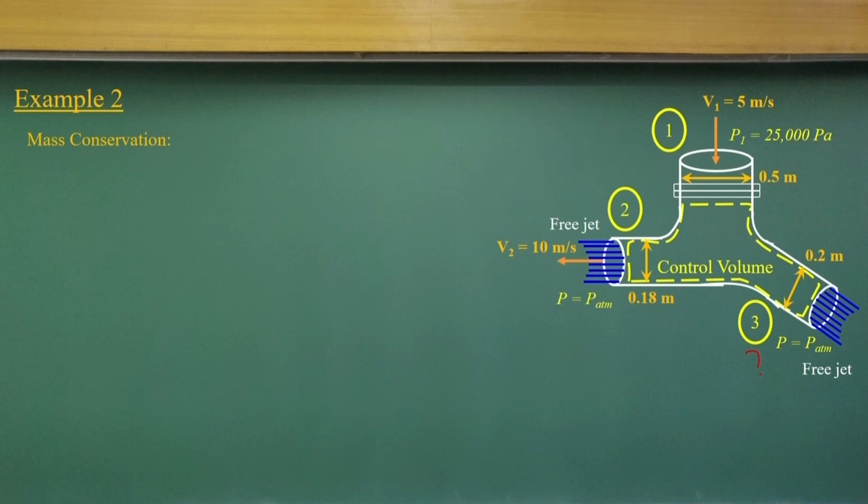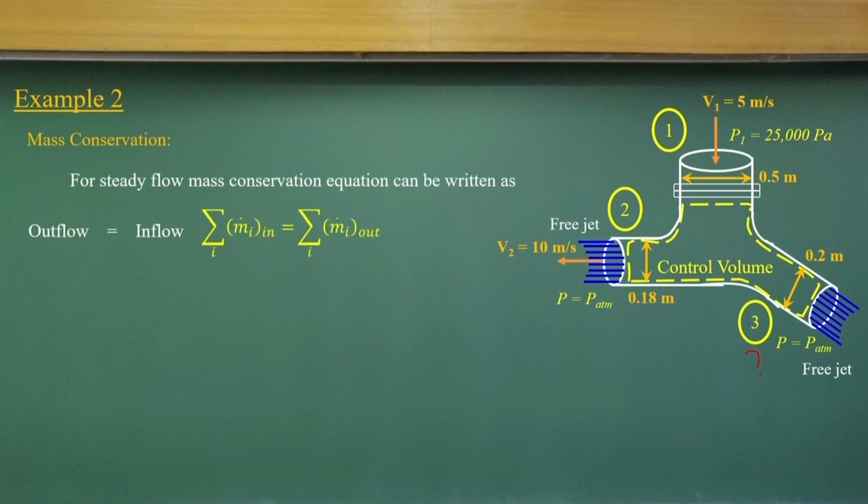In its very simple form, the rate of mass influx into the control volume is equal to the rate of mass outflux from this control volume. Here we have 2 free jets as outflow, and 1 inflow. We know the velocity and the area; we only do not know the velocity at section 3.